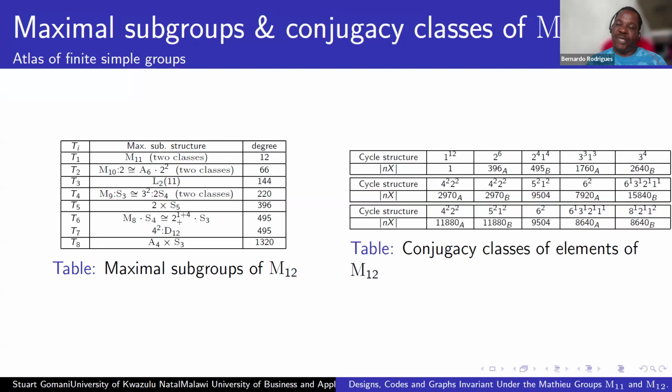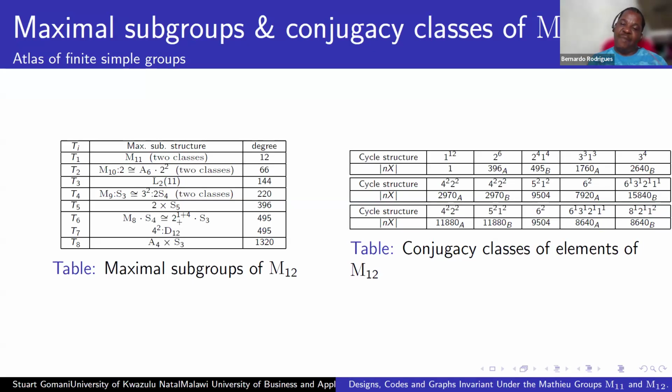Apart from that, there is also geometric knowledge available in regards to M11 and M12, one purely geometric and the other both geometric and algebraic. The geometric one is that M11 is the automorphism group of a Steiner triple system, and M12 also has that action.